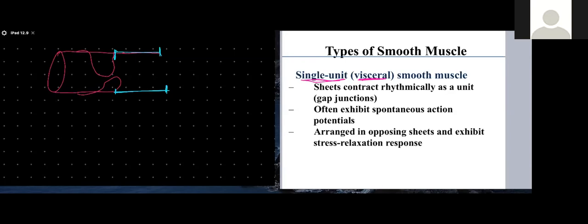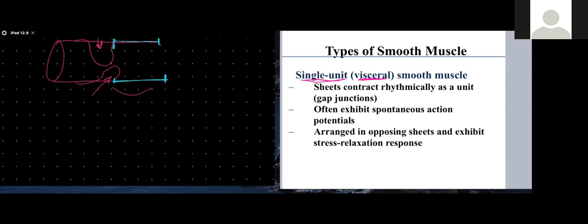Yeah, we are looking at the wall of the intestine. This part did contract, pushing forward, but the following segment is not contracting. Is there something wrong? There is, exactly. So I will have intussusception or intestinal block.